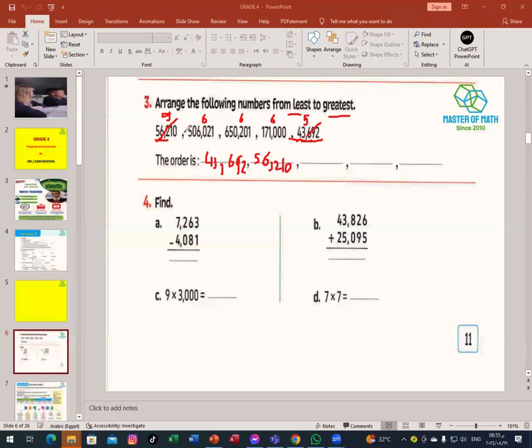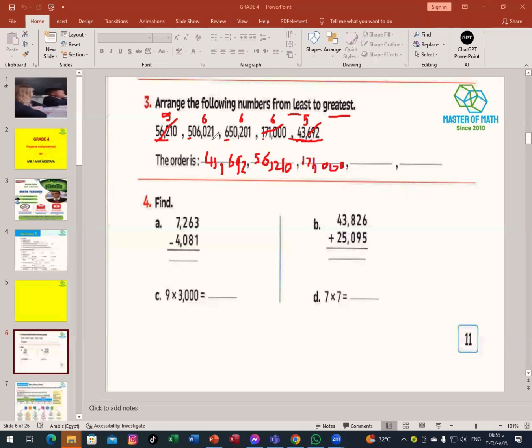56,210. So I have 3 numbers which have 6 digits. Where is the smallest number? I will compare from the left. 5, 6, 1. Which is the smallest digit? 1 or 6 or 5? Of course, 1. So I will take 171,000.